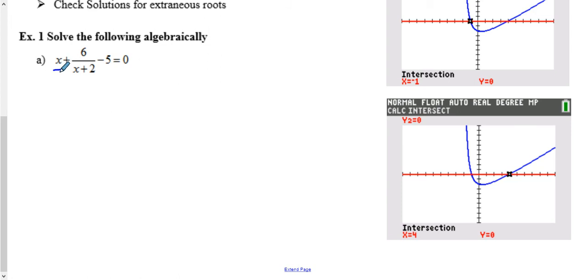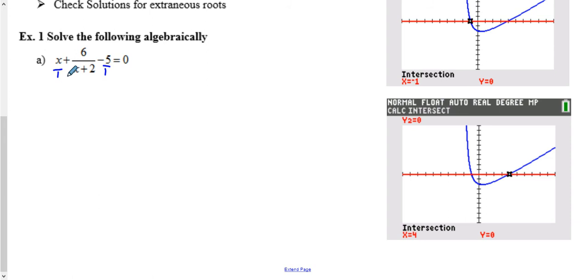So I have divided by 1 under that x, divided by 1 under that number there, and technically that 0 should be divided by 1 as well. So what I could do is I can make a common denominator right away. That would work. I can move things to one side, get rid of the denominator, and then move things back. That would work as well. It's really whatever you're comfortable with doing.